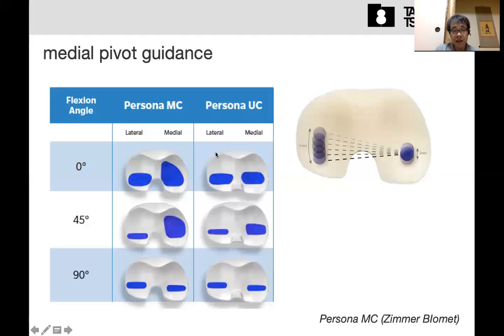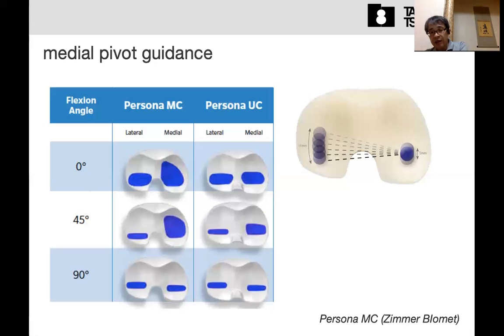This is a UC knee. I come to talk about the UC knee. This is a high conform type, both medial and lateral side. This is the PCL sacrificing component. The stability is provided by the shape of the polyethylene. That means a high conformity on both medial and lateral sides.